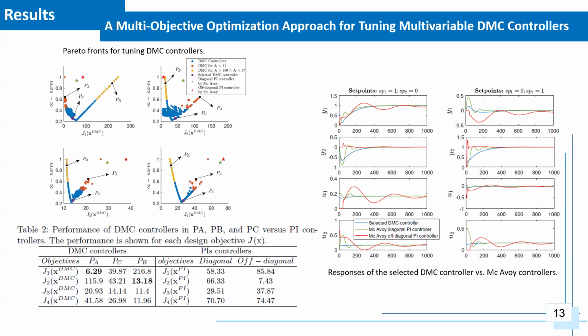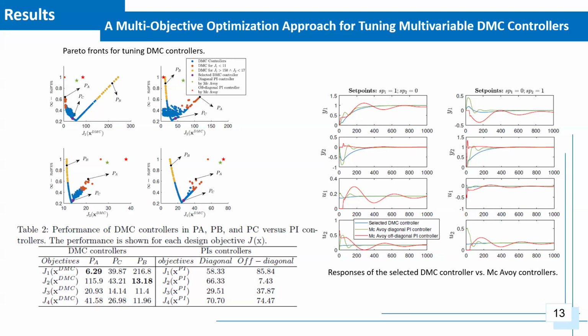However, it yields the poorest performance for output Y2, since its objective J2 value is higher than those of PB and PC, as shown in Table 2. On the other hand, the PB solution represents the best controller for output Y2, as it achieves the lowest value of objective J2 compared with PA and PC. However, it also provides the poorest performance for output Y1, as shown in Table 2.